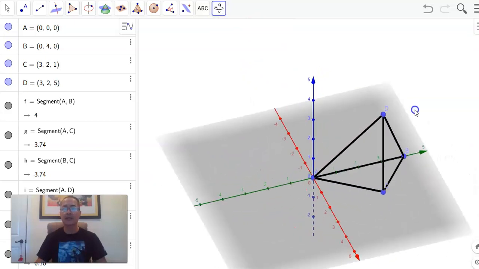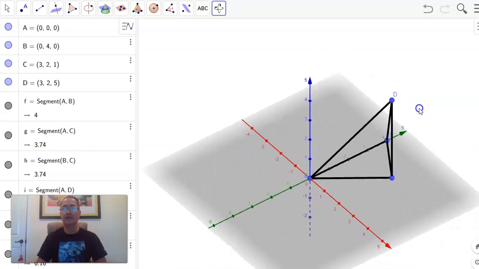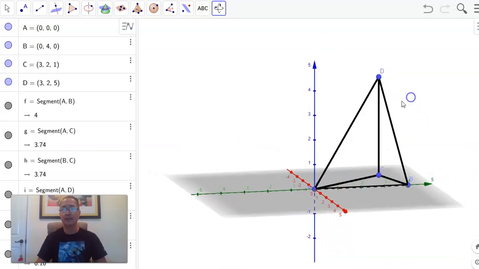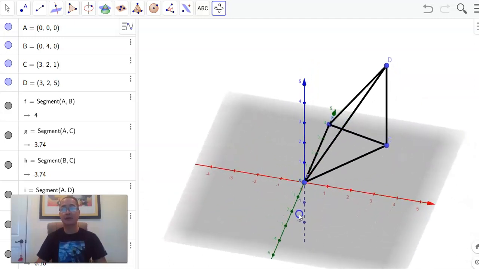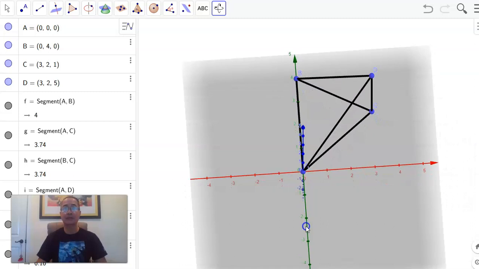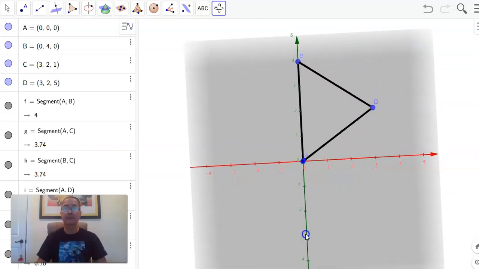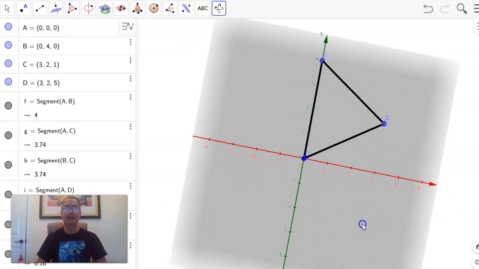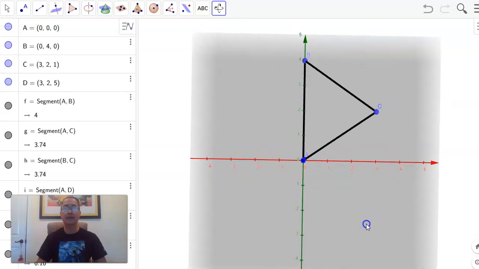So yeah, it looks like it's kind of floating around in space. Yes, the bottom is not on the XY plane. However, when we look at the top view, we got a nice triangle there. It's not a right triangle anymore.